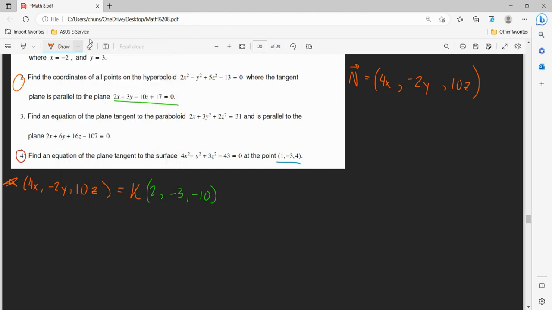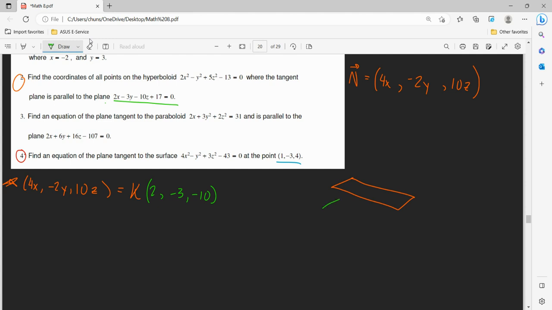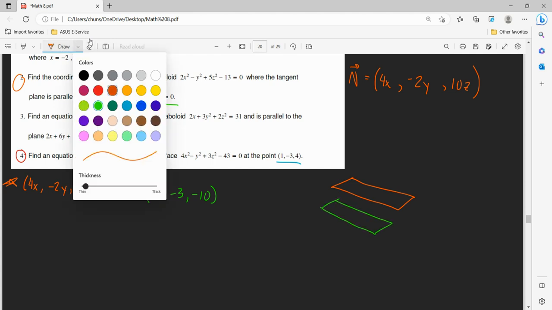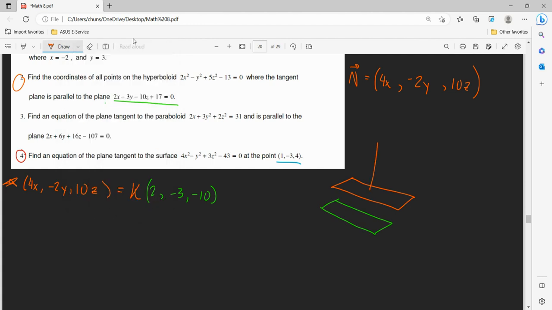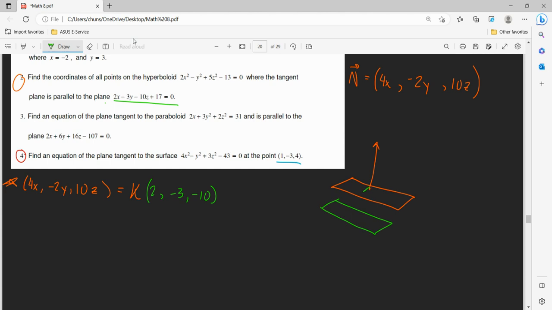So that's to say that if these two planes are parallel, if I could draw it to the best of my abilities, that means both of their normals are going to point in the same direction. Right, but one just might be shorter or longer than the other, right?